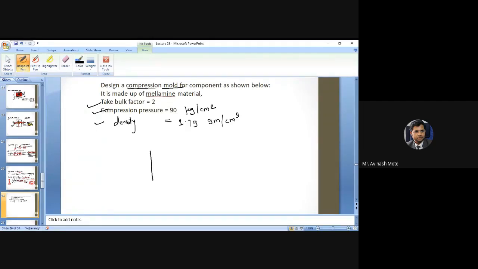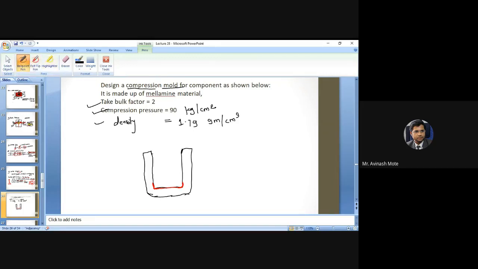So the product is of this size. Just a minute, I'll try it. It should not be a sharp corner, and the lines are exactly vertical.